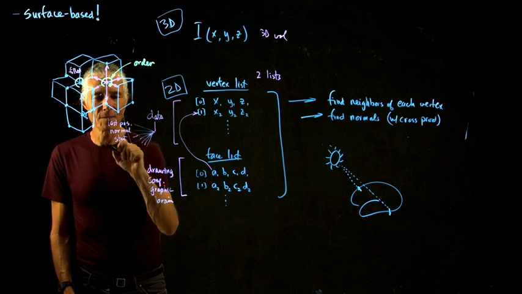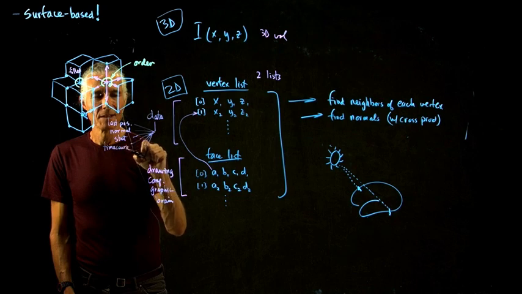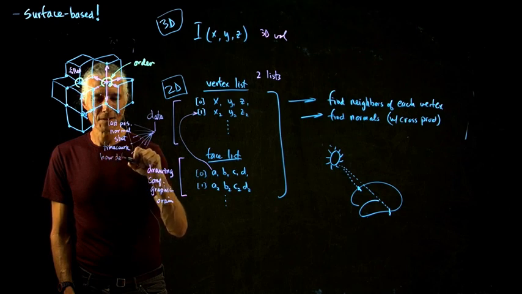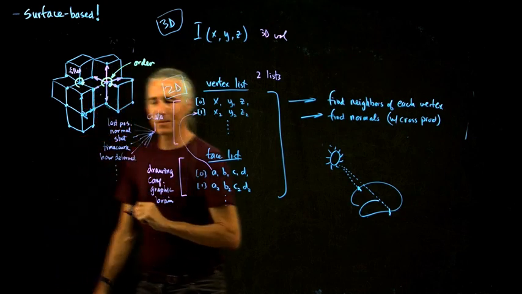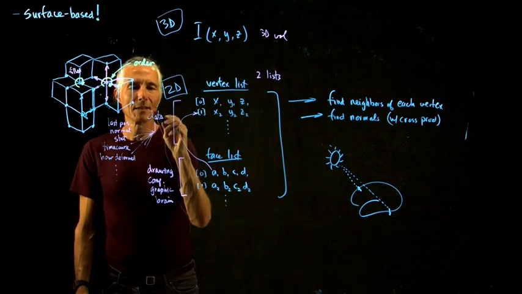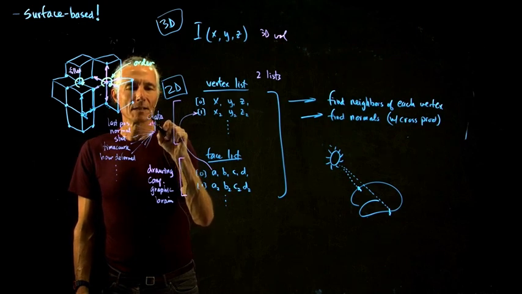You could have a time course associated with that. How deformed. There could be a zillion different things associated with the data at each vertex.